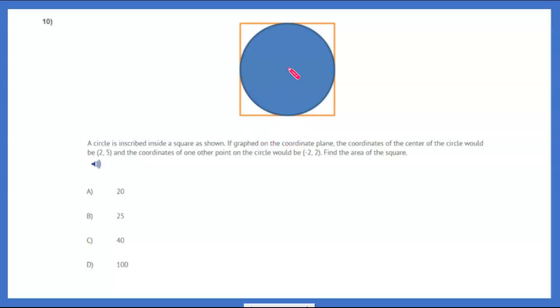So I'm just going to write on the diagram what they told me. The center of the circle is 2, 5. And the coordinates of one other point would be -2, 2. So -2 would be kind of over this way, and 2 would be a little bit below the 5. So something maybe kind of over here. They said the point is on the circle, so maybe somewhere around there.